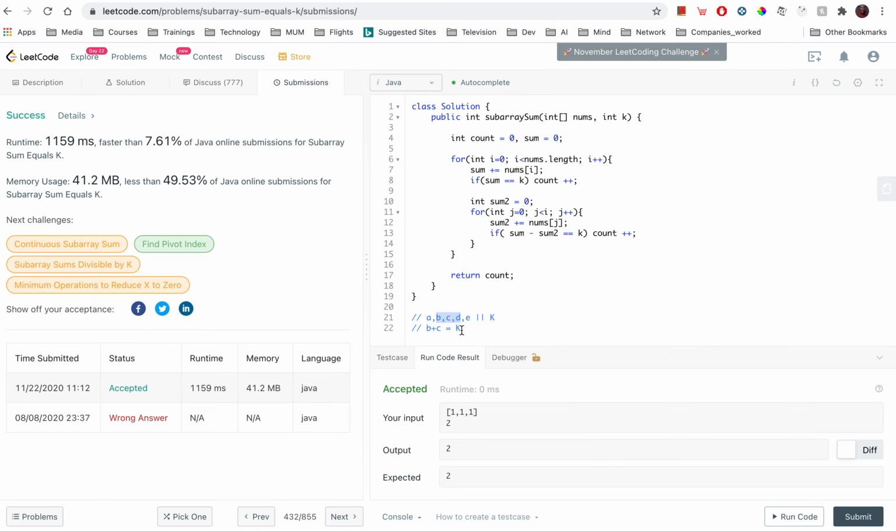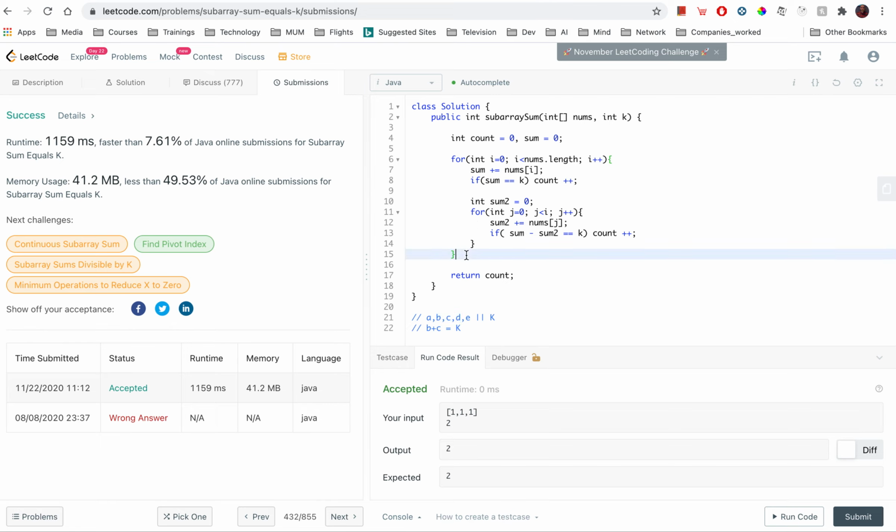So what if we memorize this instead of calculating it again and again, because here we are calculating the sum again and again and again, and that's why the complexity is increasing. What if we memorize this and use that to solve the problem?